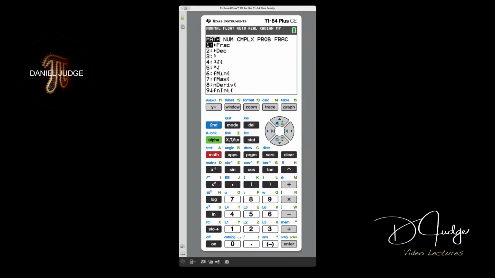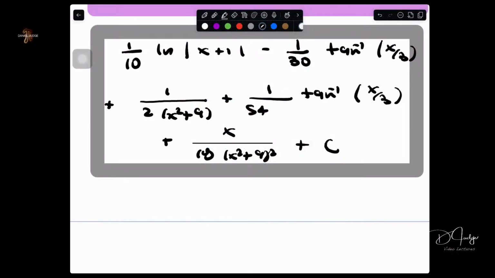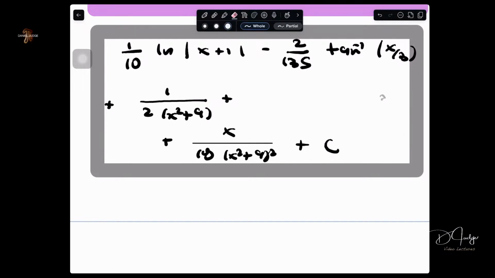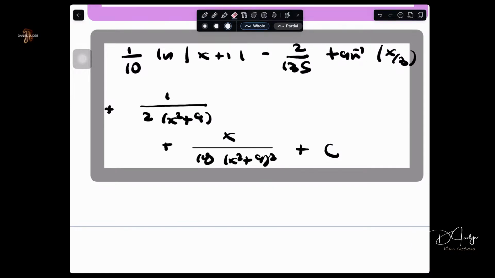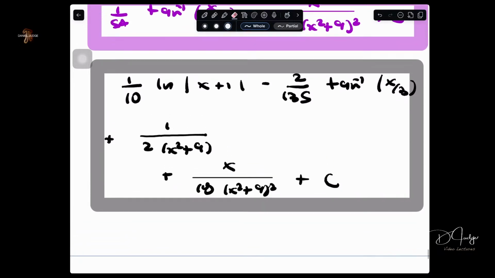Okay, and we're going to say math frac: minus 2 over 135. And I guess we'll leave it that way.